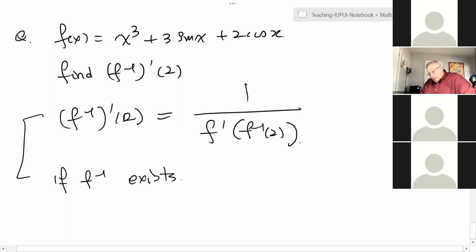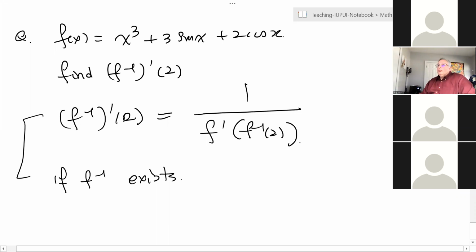We are not asked to find the formula for the inverse, but we want to find out the derivative of the inverse function at 2. How do you solve this problem?